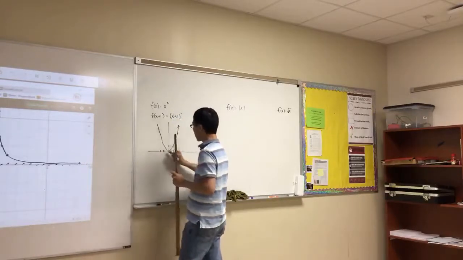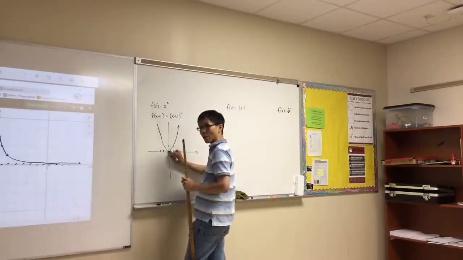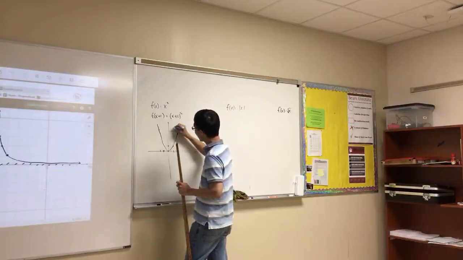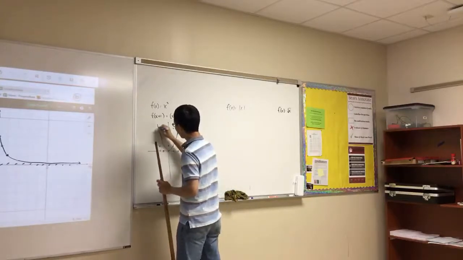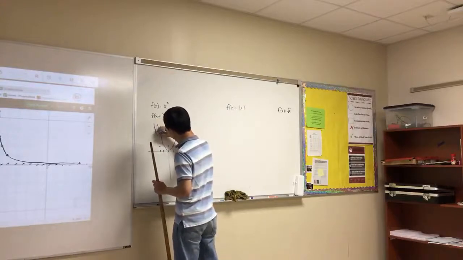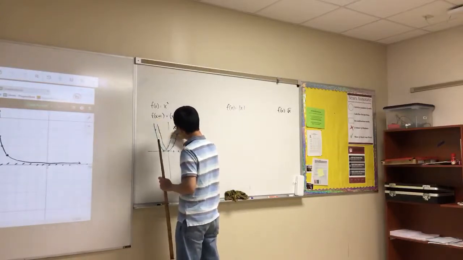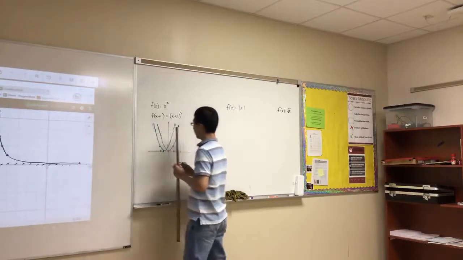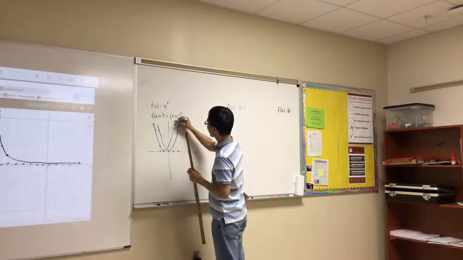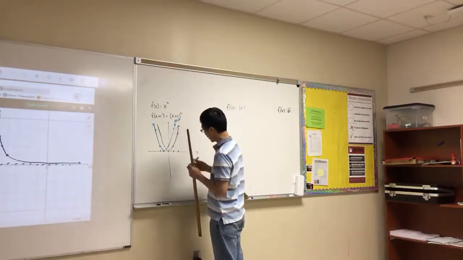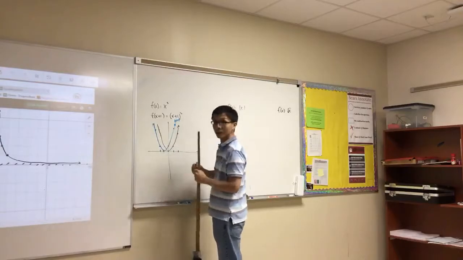It's 0, 0. 1, 1. 2, 4. So it's gonna be here. Does that make sense? And -1 is gonna be here. This one's gonna be here, so the graph's gonna be like this. It's moving left, so this one's gonna be x plus 1 squared. This one is the x squared.